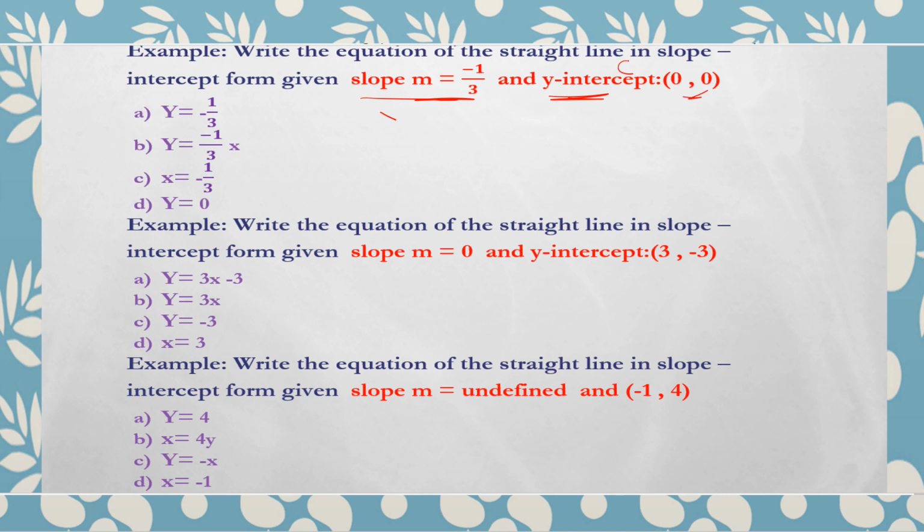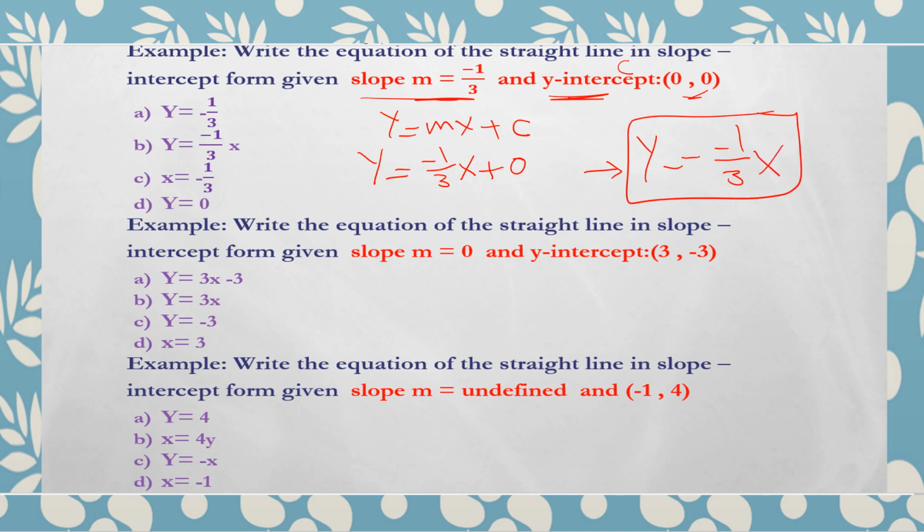Then the equation y equals mx plus c would be y equals minus 1 over 3x plus c, and c here equals 0, so y equals minus 1 over 3x. And in this case, the line would be falling and passes through the origin point. And the correct answer is B.